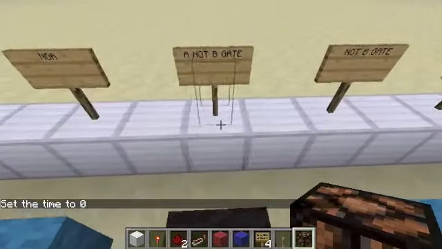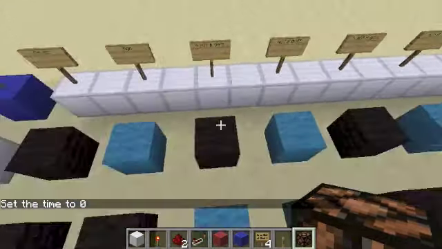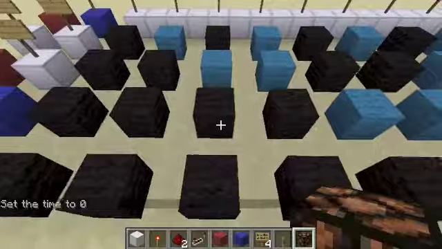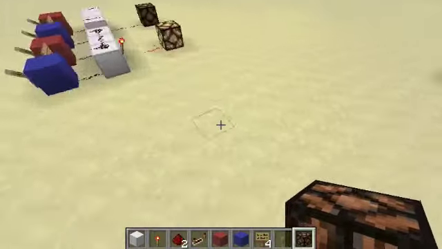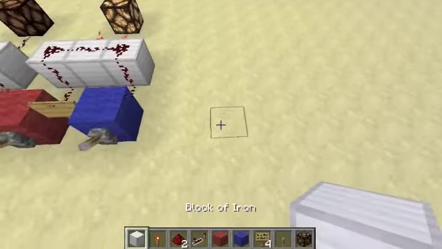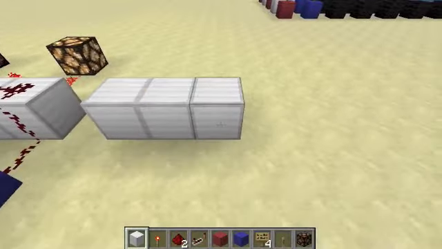Okay, now A not B gate. This gate is only true when A is on and B is not. So let's build this and see how that looks.